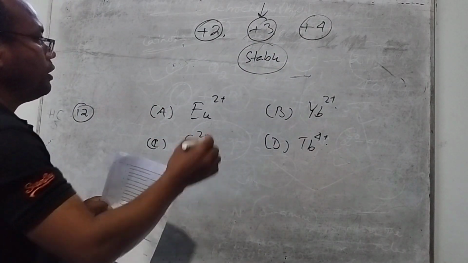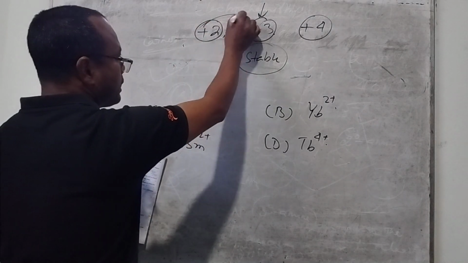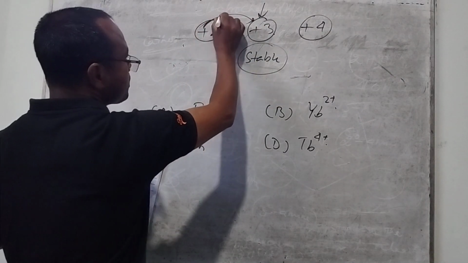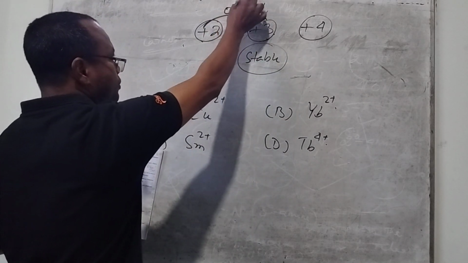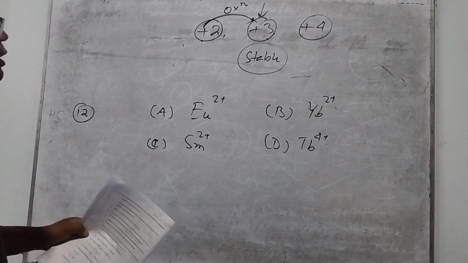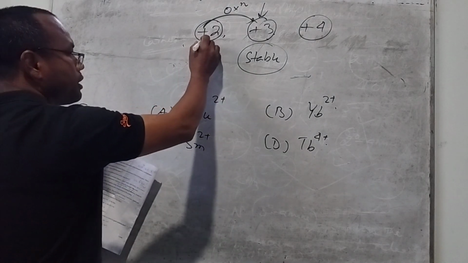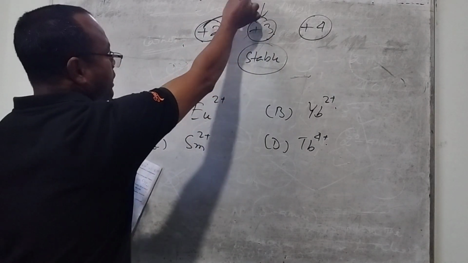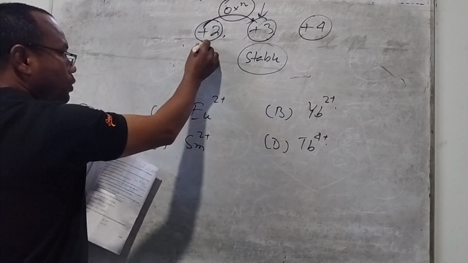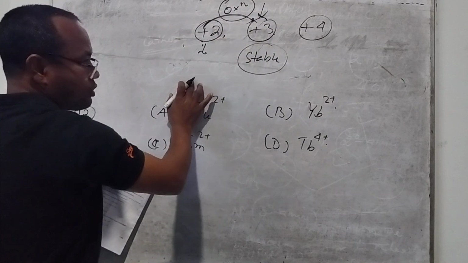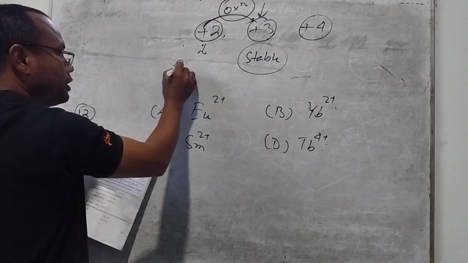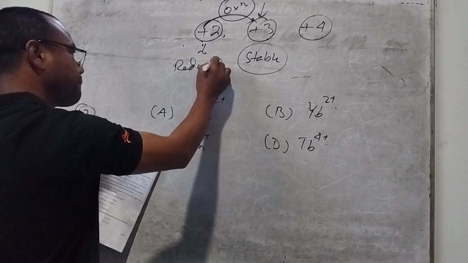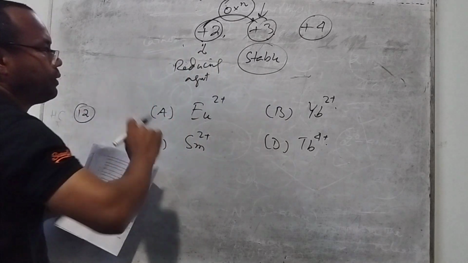If the oxidation number increases, from +2 to +3, what is the name of the reaction? Oxidation. Those species that undergo the oxidation reaction are what we call reducing agents.